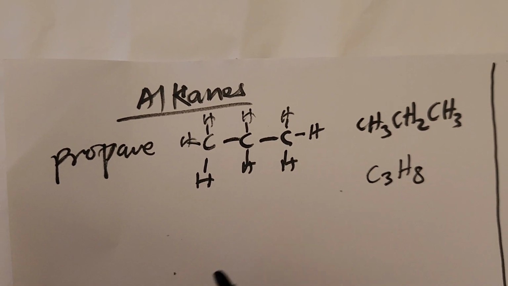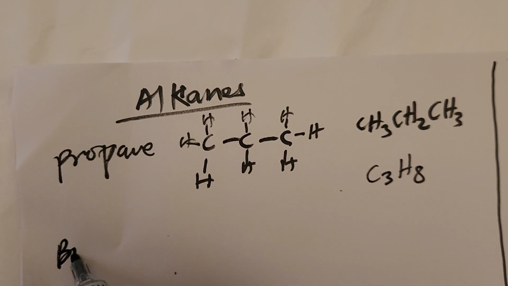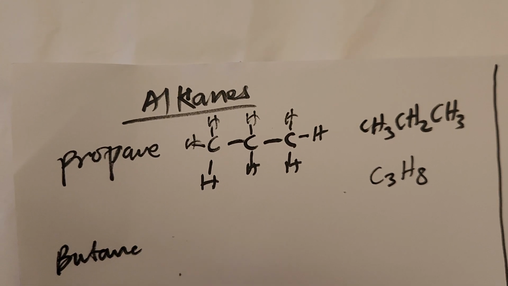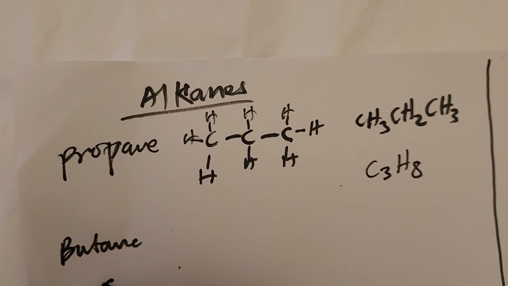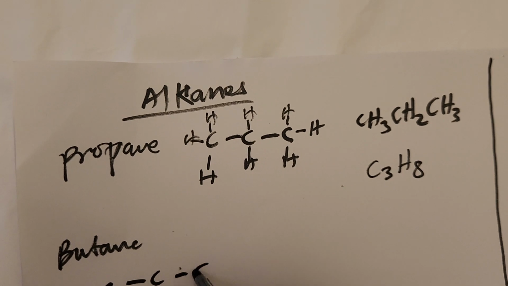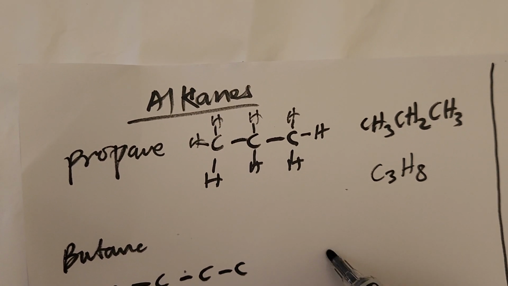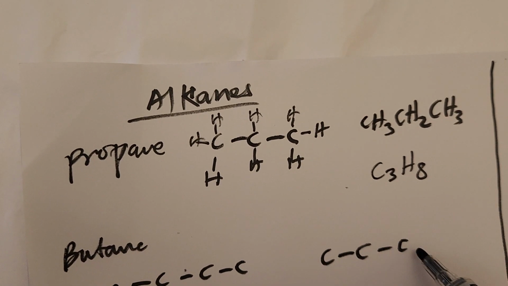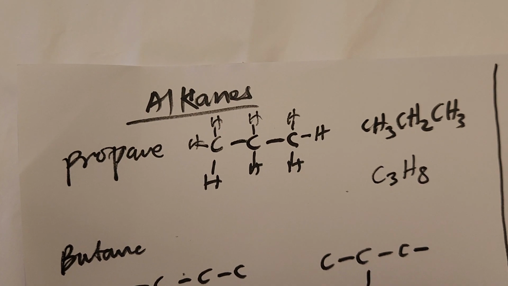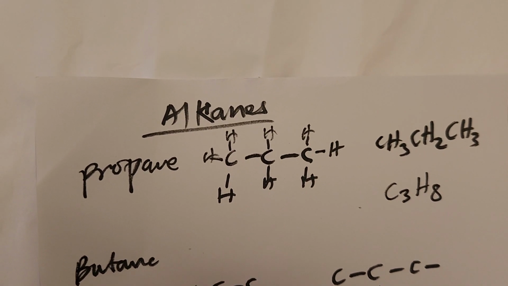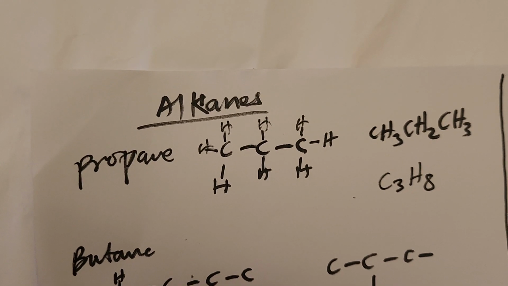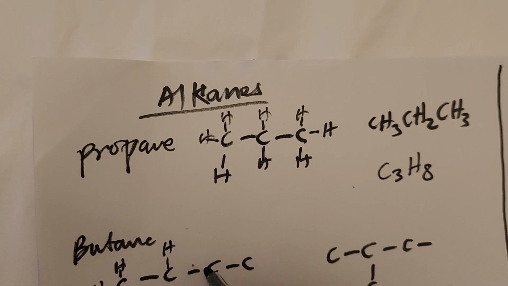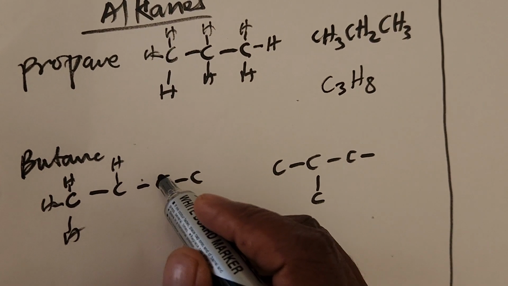Then we go to butane. That's where now a very interesting thing starts. Butane, 4 carbon atoms. I will have 1, 2, 3, 4, and every carbon should be surrounded by 4 bonds.